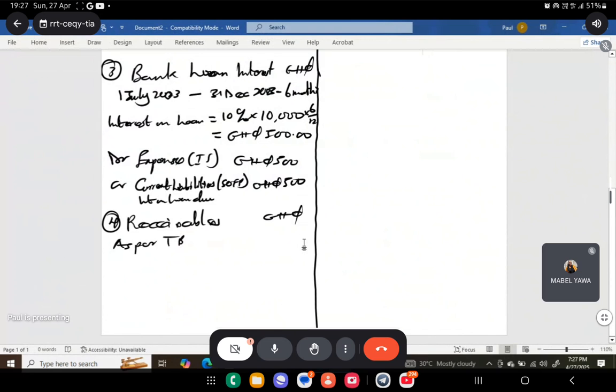This is what people are owing, which includes Mr. Eden. Mr. Eden also owes you that amount of money, and we said that Mr. Eden's amount is included in this 7,500.